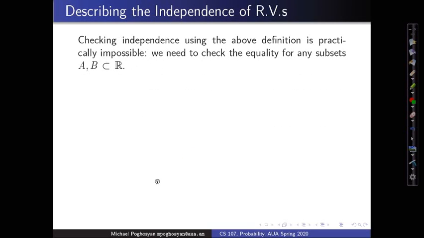Okay, so we have already defined independence.